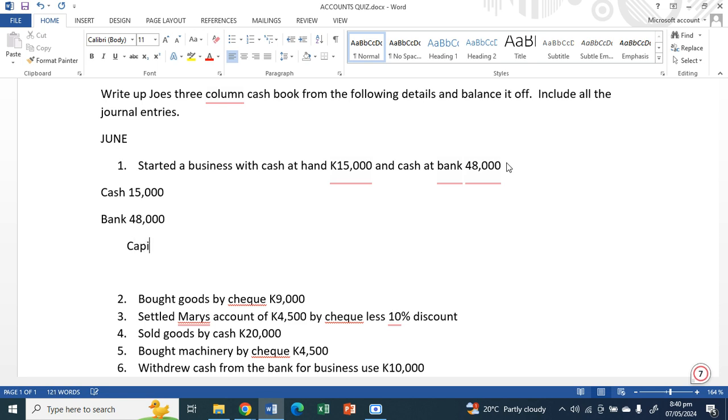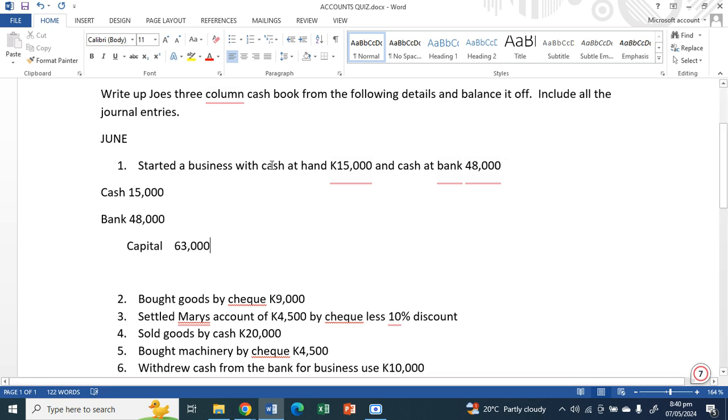So it's total up 15 plus 48,000, 63,000. So we can credit the capital account 63,000.